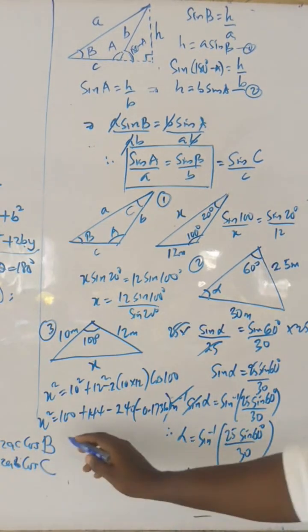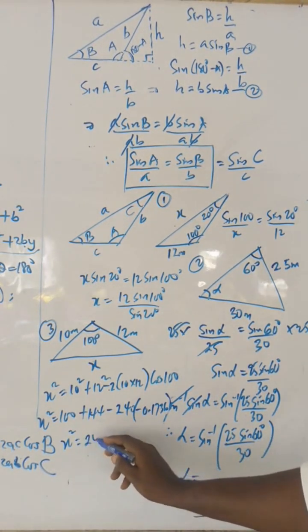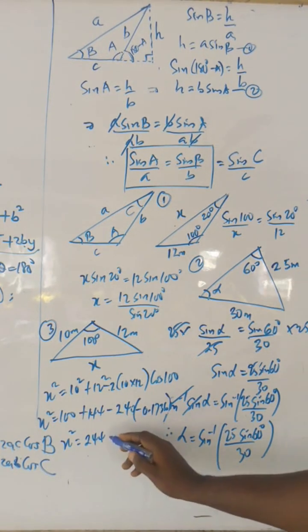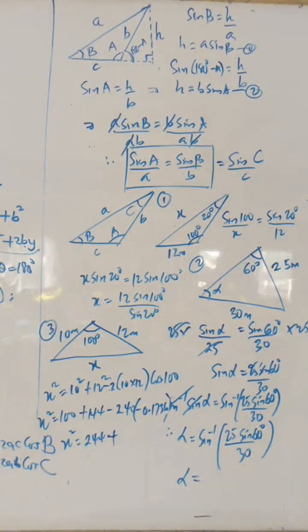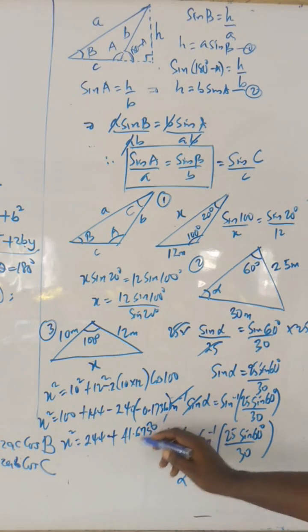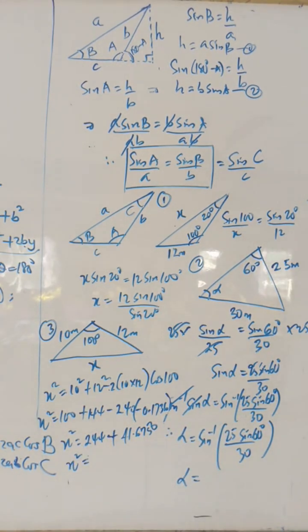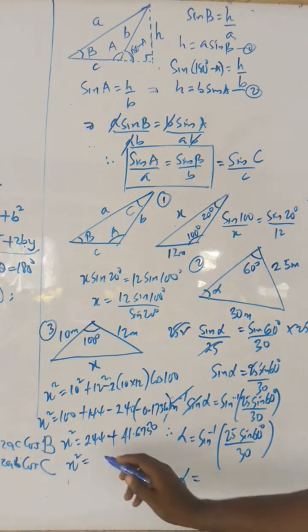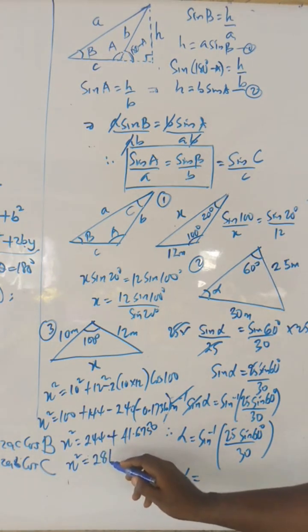So from here, x squared becomes 100 plus 144 is 244. Minus times minus is plus. Now 240 times 0.1736 is 41.6756. Add it together, plus 244, gives 285.6756.